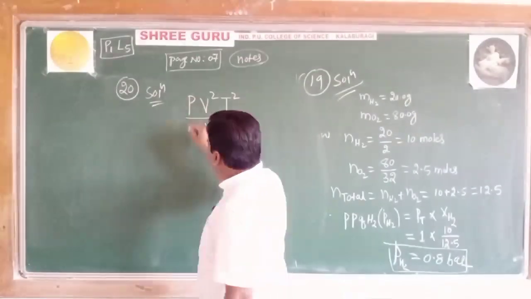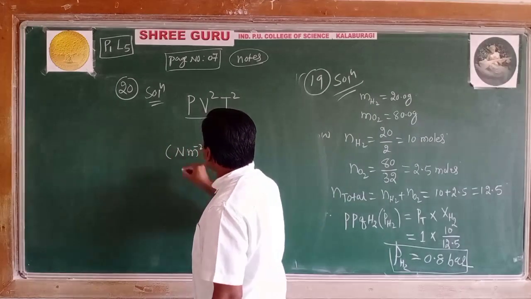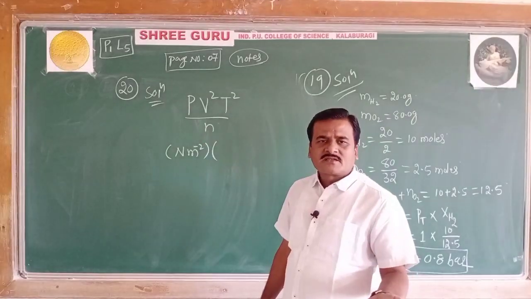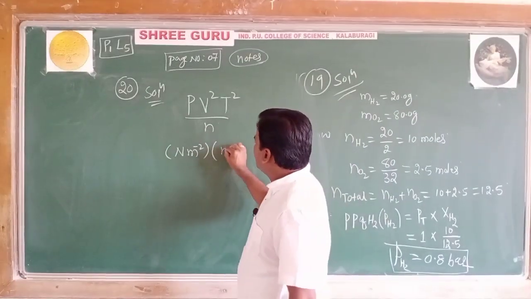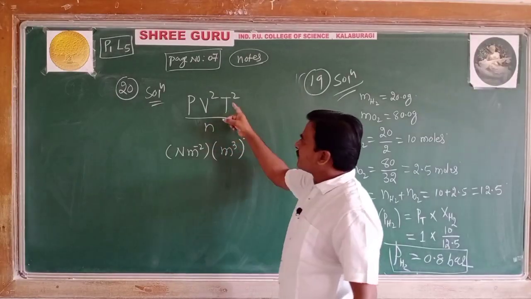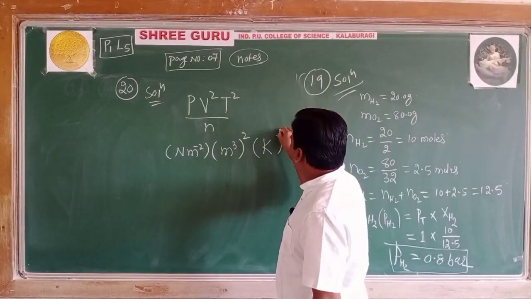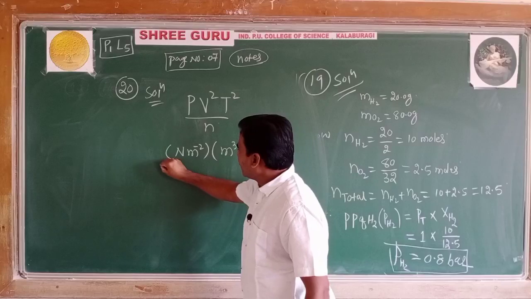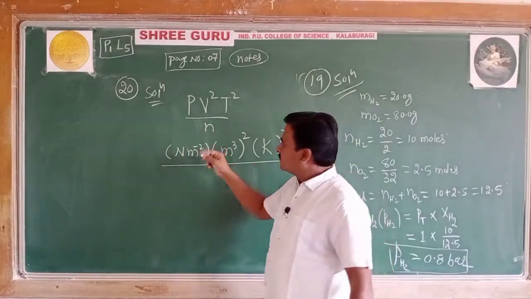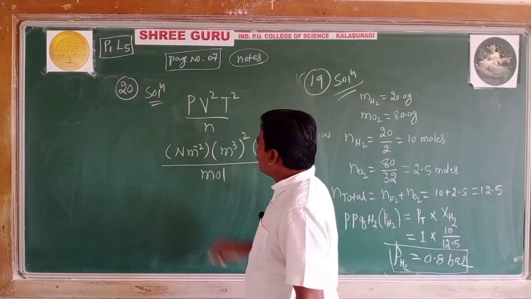So I write pressure as Newton per meter square. That of volume is cubic meter, so meter cube whole raised to 2. The temperature SI unit is Kelvin, K square. Whole divided by n, which indicates the number of moles, the amount of substance, expressed as mole.